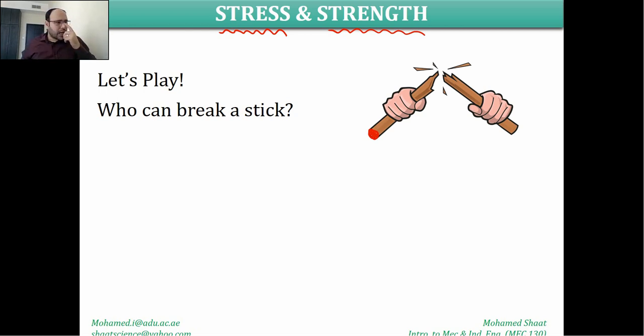Another measure is the material. If I give you a thin stick made of wood, you can simply break it. How about if I replace this thin stick by a steel bar or stick, with the same diameter? I didn't change the size, but I changed the material to steel, and I ask you to break it. You will not be able to break it.